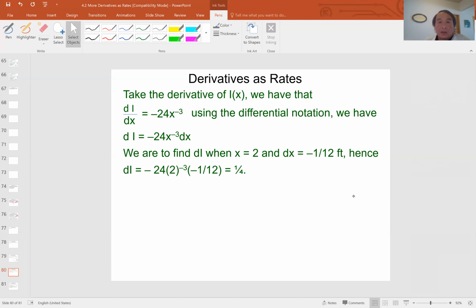So when you plug in x equal to 2, and dx to be 1 inch, which is minus 1/12 of a foot, since it goes closer, you get 1/4. What is the unit for 1/4? Well, it is foot candles per foot.